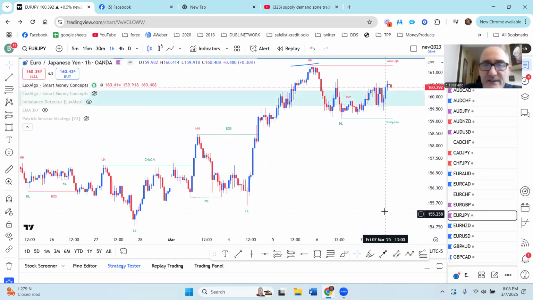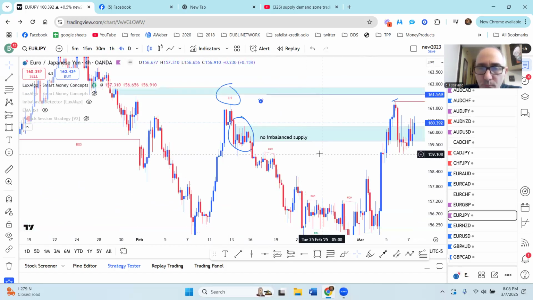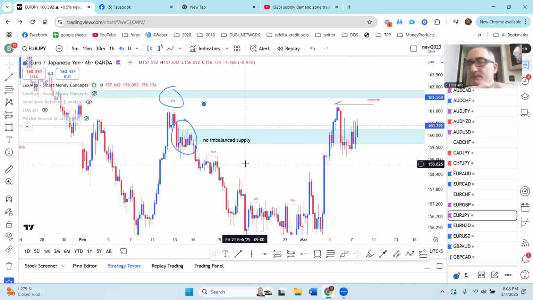EUR/JPY. This trade was no good here because there was no imbalanced supply zone here. As you could see here, this price action is not imbalanced, right?